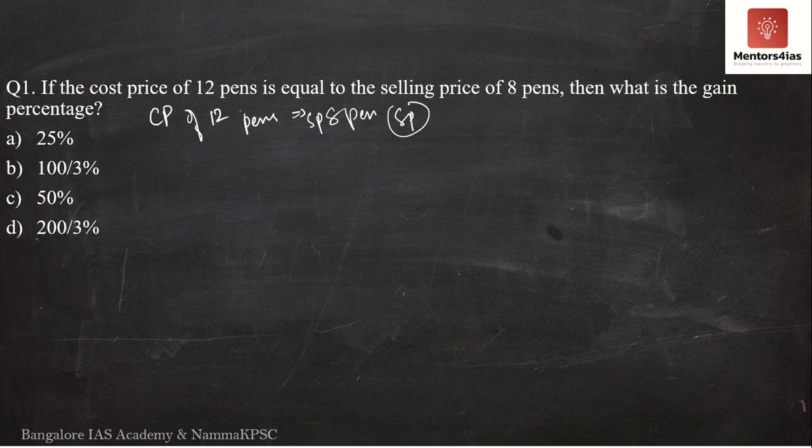Now, in order for us to determine the loss or gain percentage, the number of commodities matters. If we are taking the cost price of X number of commodities, articles or goods, then in order to determine the gain percentage or loss percentage, we will have to take the selling price of the same X number of goods.